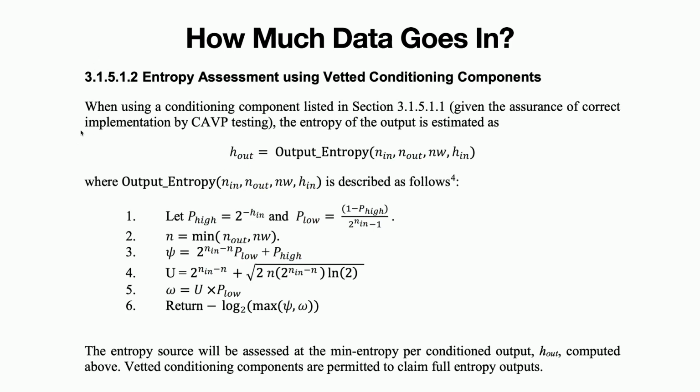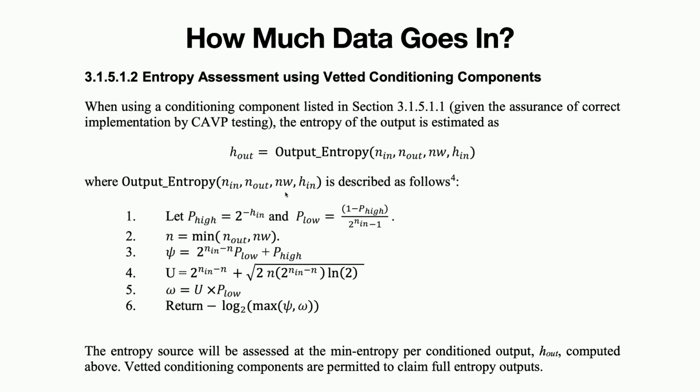It says, when using a conditioning component listed in 31511, that is the vetted conditioning components, the entropy of the output is estimated as this function, and the insides of this function are here. It doesn't matter what this is, but let's look at the inputs. n_in is the number of bits in, n_out is the number of bits out, like I said, 128 or 256 or something, depending on what function you're using. nw is the internal width of the algorithm.